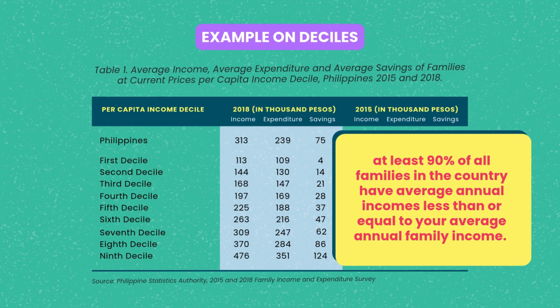And yet, oftentimes, we complain a lot that we don't have this and we don't have that. But we see here that there are many families with average annual income that are much lower than ours. So, given this data, we need to change our perspective and be thankful for what we have. Well, that ends our discussion on the measures of location.